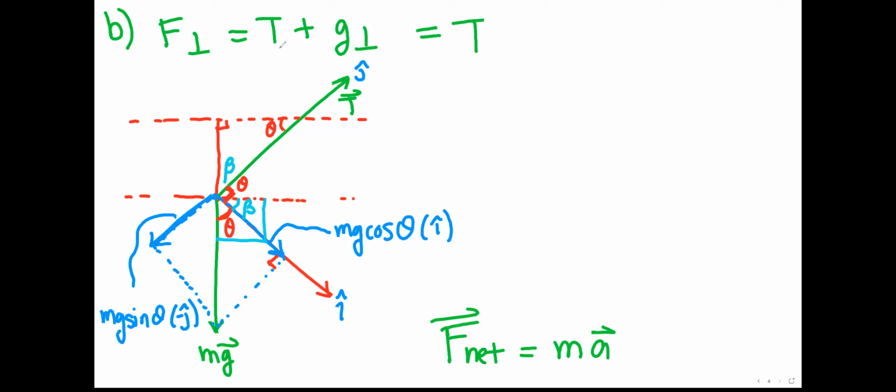So the net force is going to be the tension force minus this mg sine theta, and this will equal mass times acceleration in that direction, the component of the acceleration in the direction of the tension force.